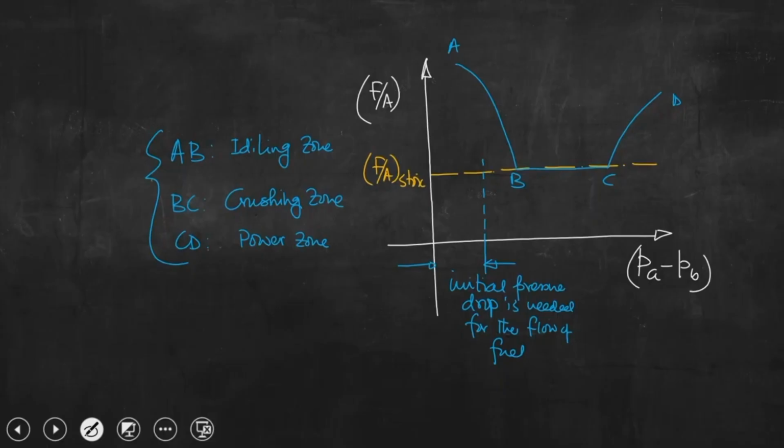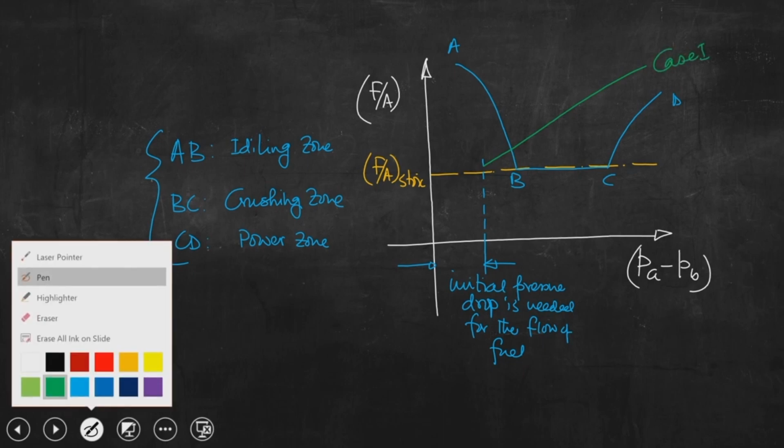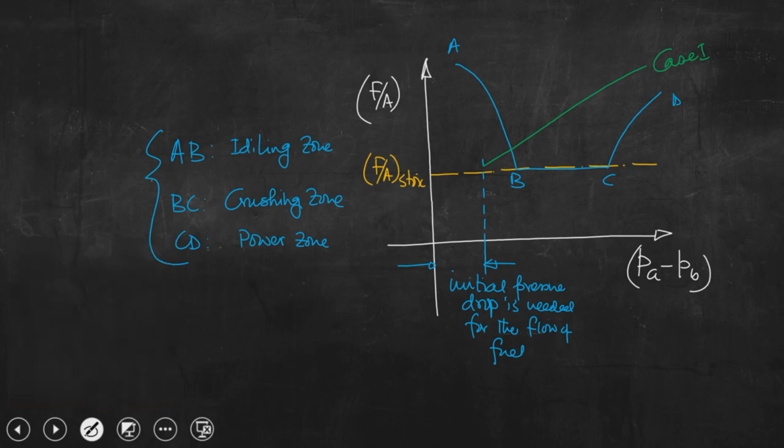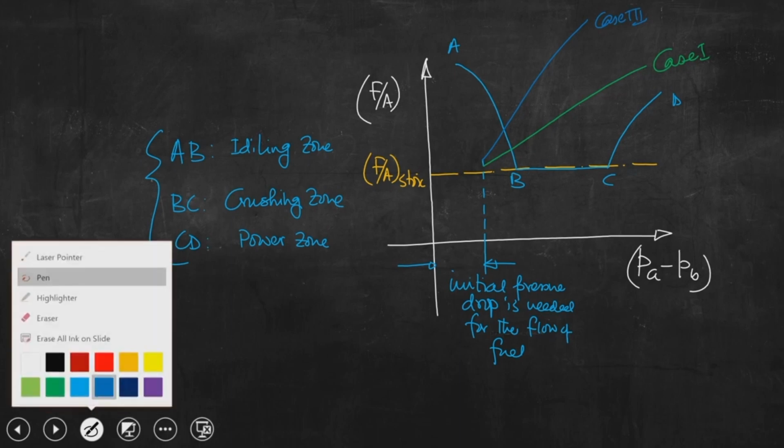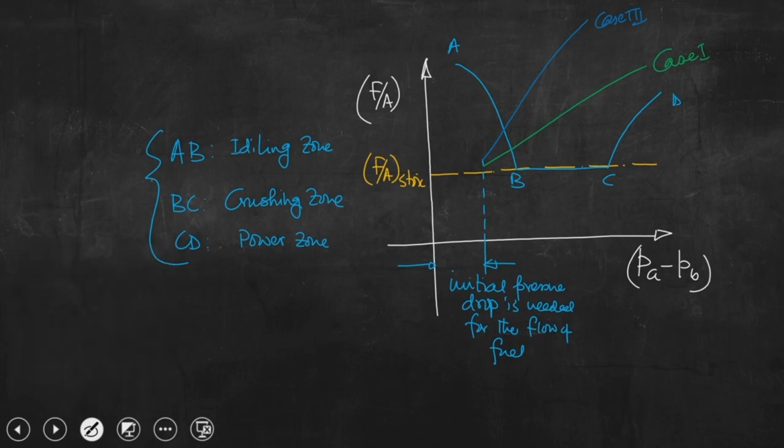Now, let us draw the fuel air ratio that would be supplied by a carburetor. So, this is case 1. We also can draw another curve like this. So, this is case 3 rather, and if we draw another curve, say this is case 2.